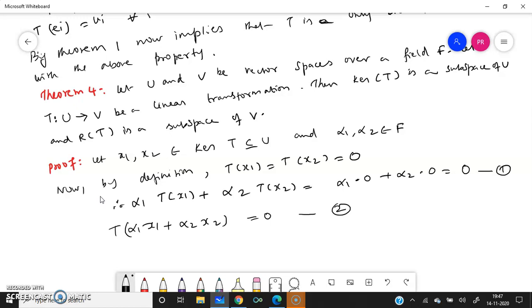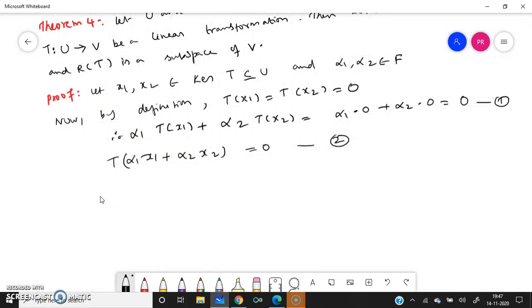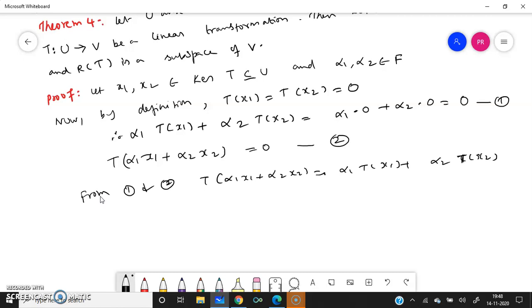So from 1 and 2, what you get is T of alpha 1 x1 plus alpha 2 x2 equal to alpha 1 T of x1 plus alpha 2 T of x2, since T is a linear map.